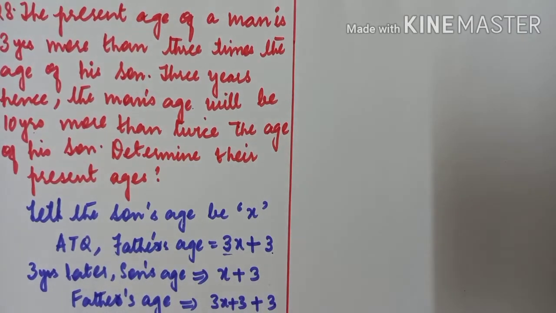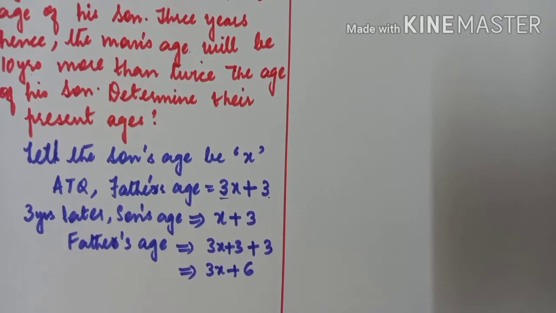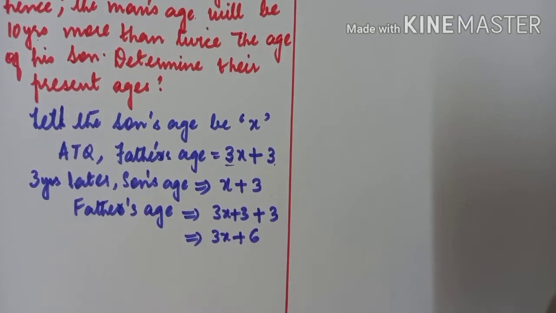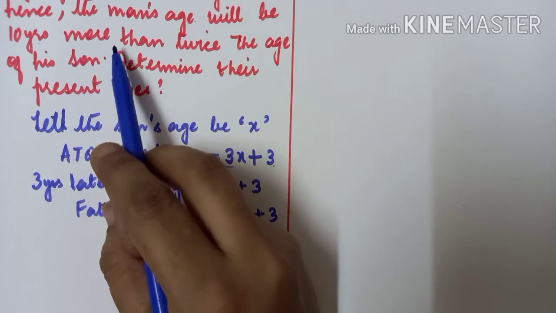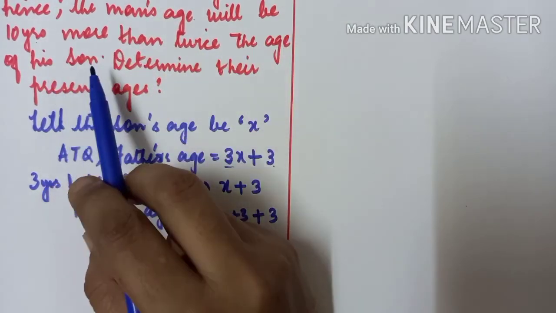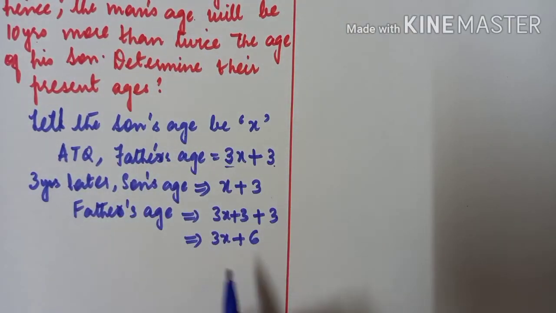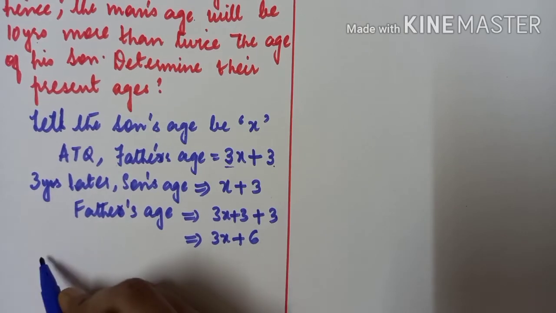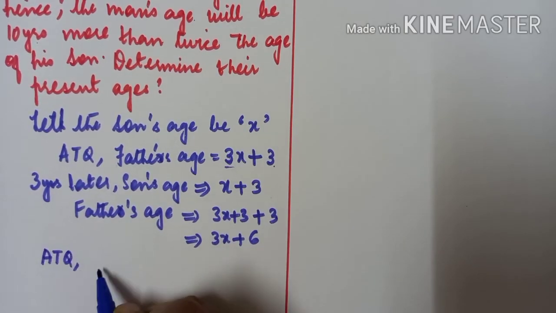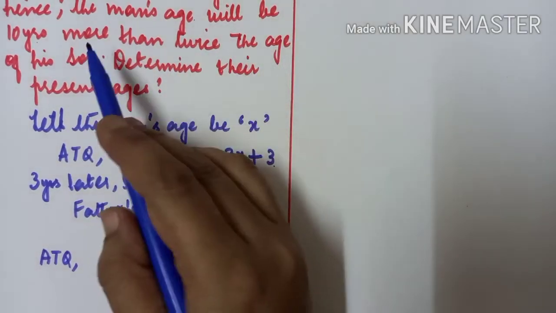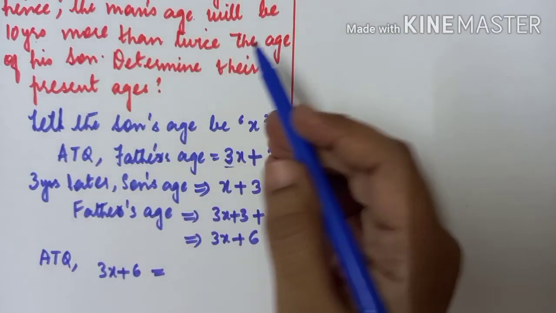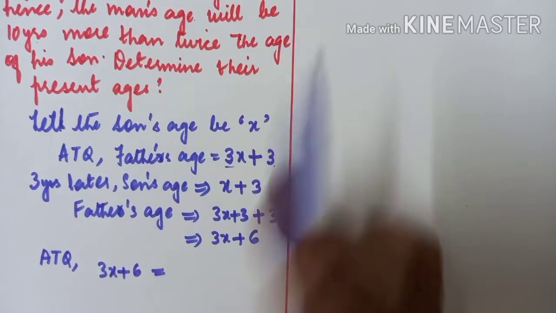Now after that, the man's age will be 10 years more than twice the age of his son. So according to the question, 3x plus 6 equals the man's age, which will be 10 years more than twice the age of his son.